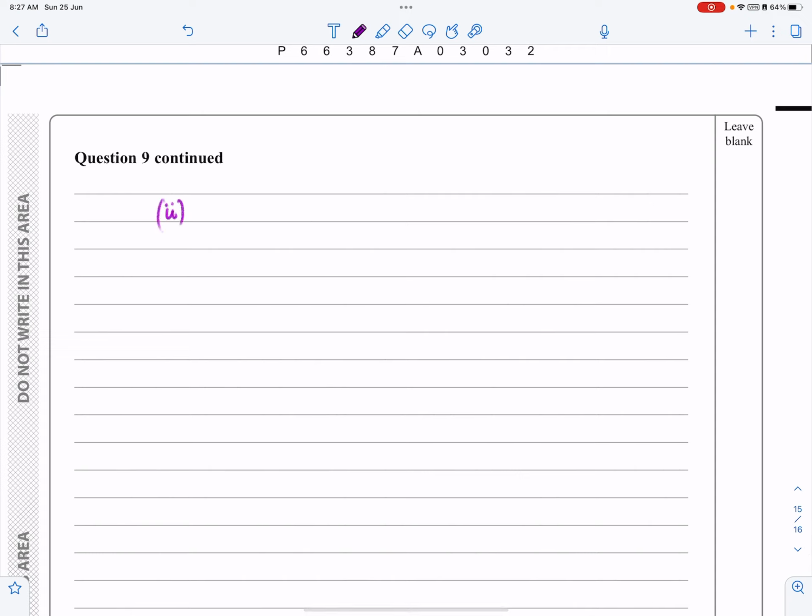So first thing to say is that if they've told me that f dash x is equal to x squared plus ax plus b, then if I integrate that, I'll get f x. So f x is just equal to the integral of x squared plus ax plus b, which gives me, add 1 onto the power, divide by the new power.